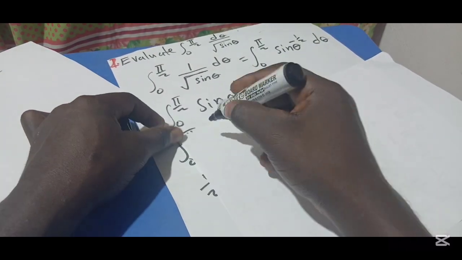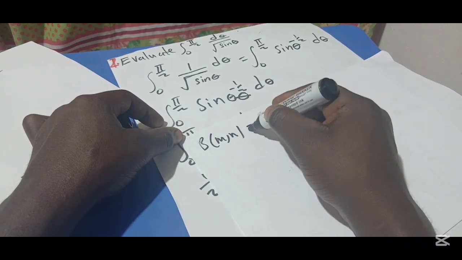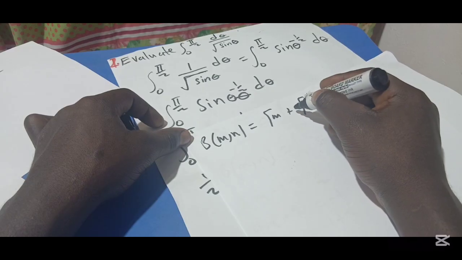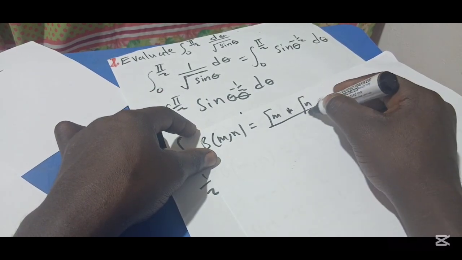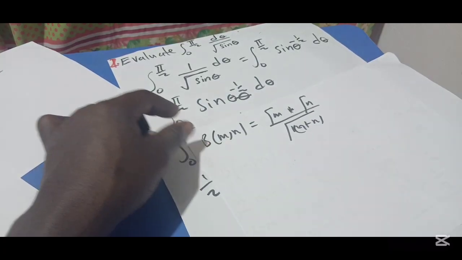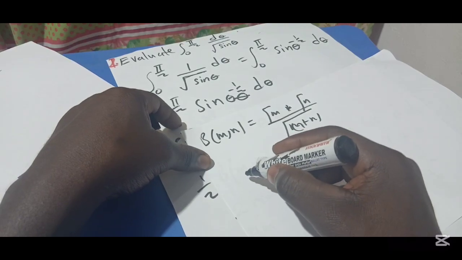So we know that the relation between beta and gamma is that beta of m, n equal gamma m, sorry, multiplying gamma n, it is not a plus, all on gamma m plus n. So now beta of 1 on 4, right?